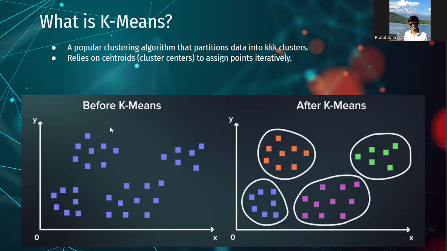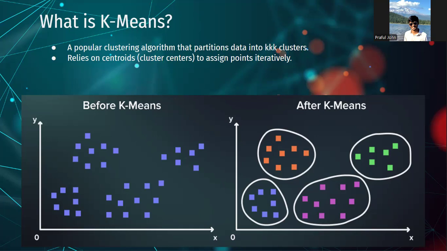For the first centroid, maybe the centroid will be assigned these data points. For the second one, these data points. That is how we measure the nearest centroid based on the distance metric, like Euclidean distance or any other distance metric.